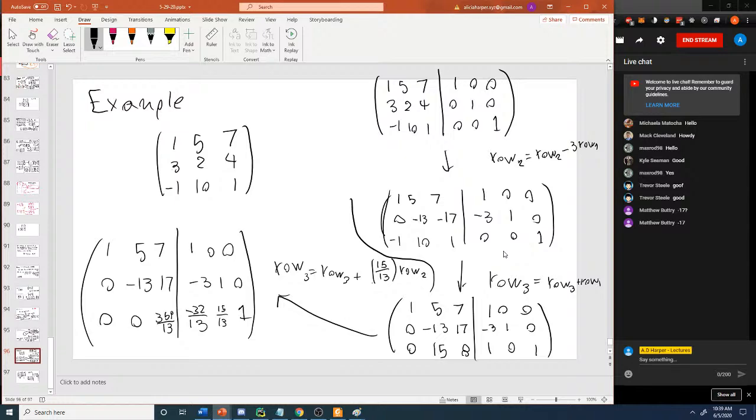Oh, okay, this was supposed to stay -17. I lost the negative. So that might be why this is not working the way it should.